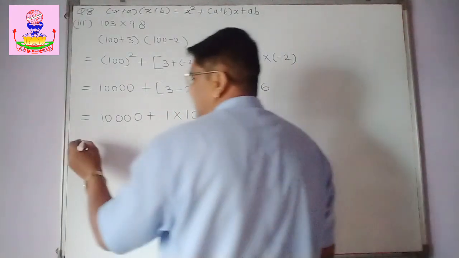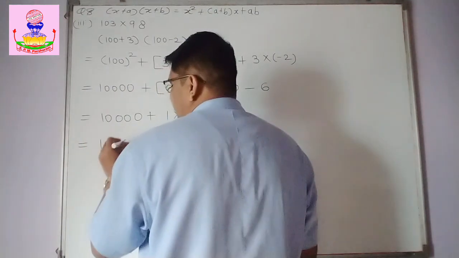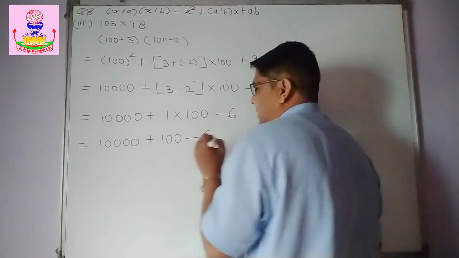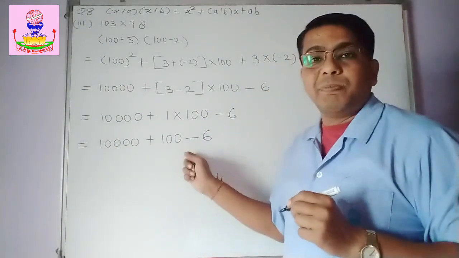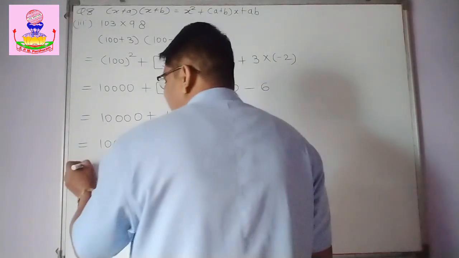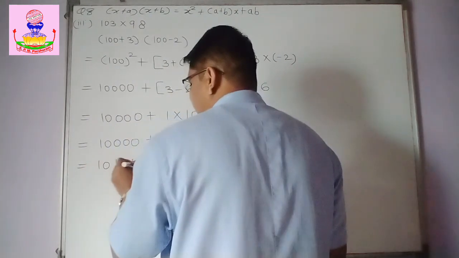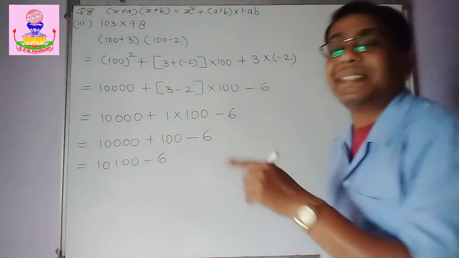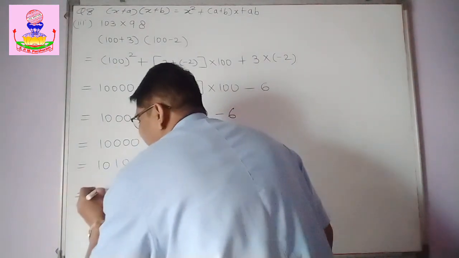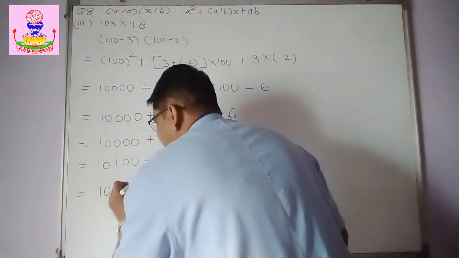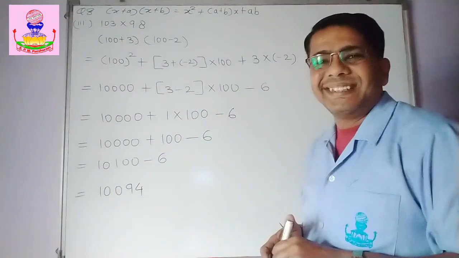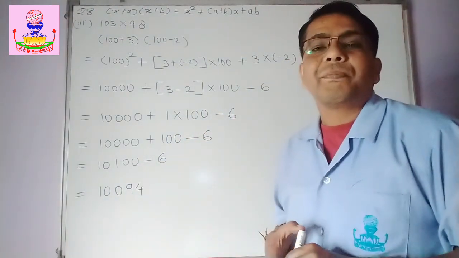Now 100 ones are 100. Okay, so plus 100 minus 6. Now 10,000 plus 100, how much? 10,100 minus 6. Now 10,100 minus 6, so how much? 10,094. That is the answer.